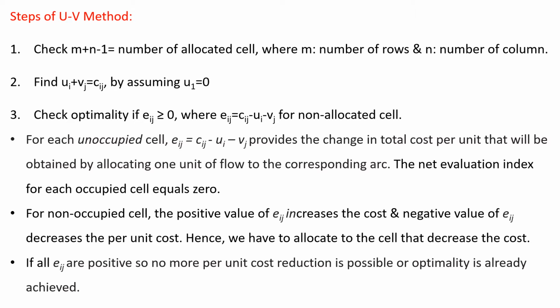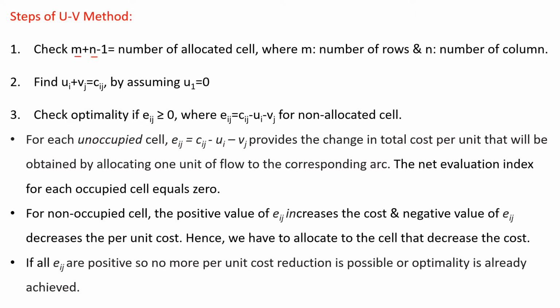Here m stands for the number of rows and n stands for the number of columns. So the number of rows plus the number of columns minus 1 should be equal to the number of allocated cells to use the UV method. So we have to check this first.